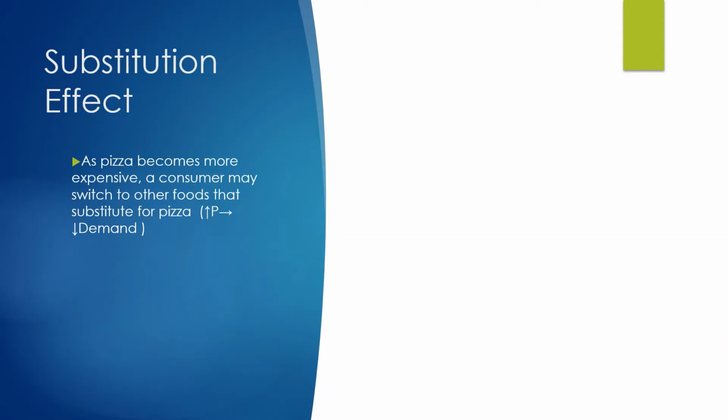Okay, the first is the substitution effect. In order to understand the substitution effect, what do you need? You first need to understand the meaning of substitute goods. Substitute goods are those goods that can be replaced with one another. These are the goods which we can use in place of other goods.